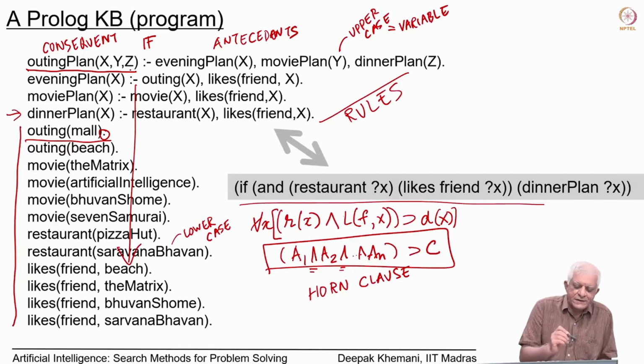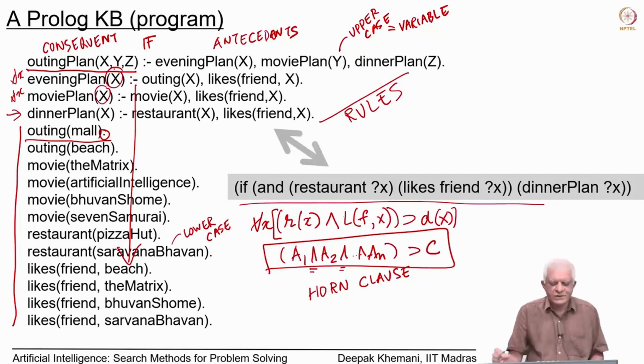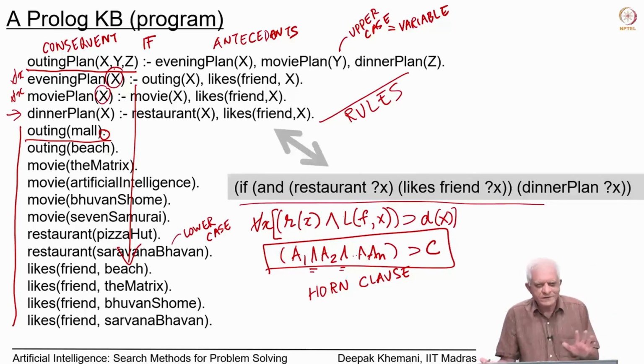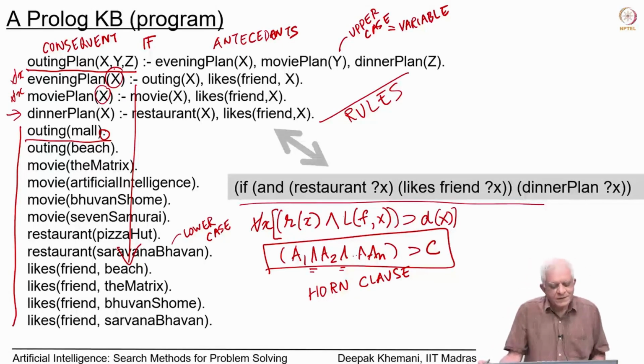You must remember that each of these statements are universally quantified. So, here for example, it says for all x and here it says for all x. So, if we have x here and if you have x here, Prolog is not going to get confused. It simply says that it is a new variable in a new statement.